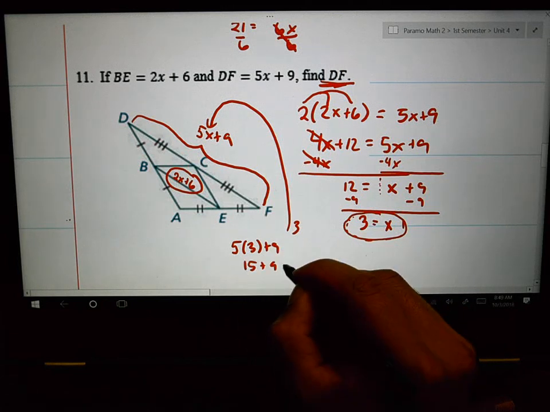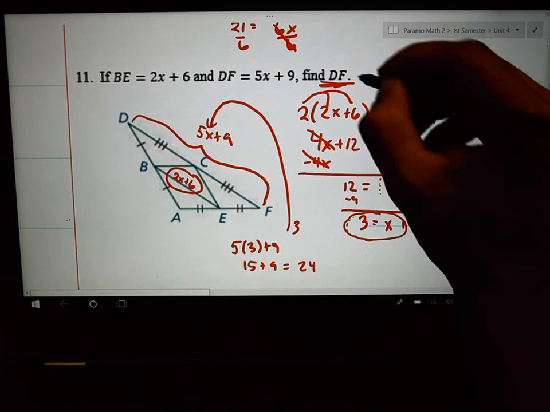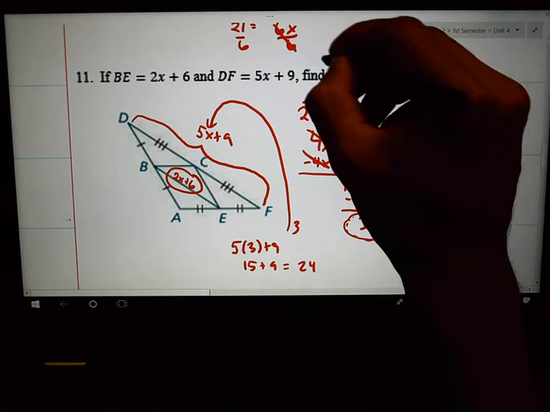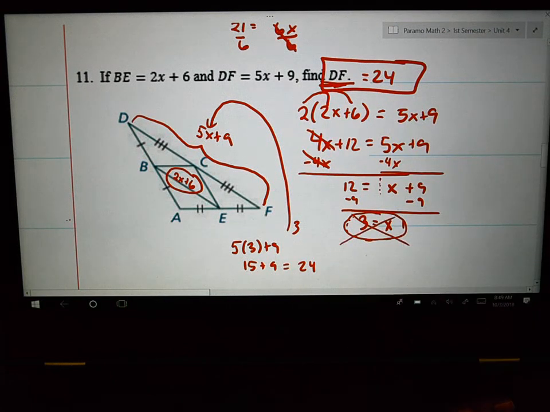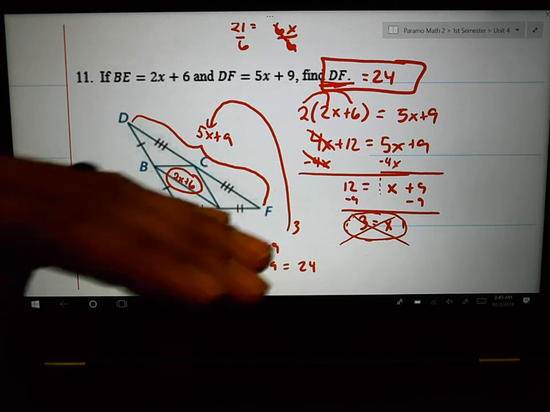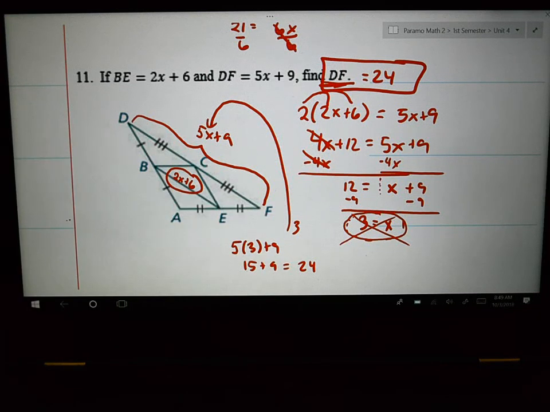Now I know what it is. It is equal to 24. There is my answer. I'm going to just put a little line through here because it's not 3, it's 24. Does that make sense? Don't forget to go back and make sure you're answering what part you're supposed to find. That's what I'm trying to tell you.